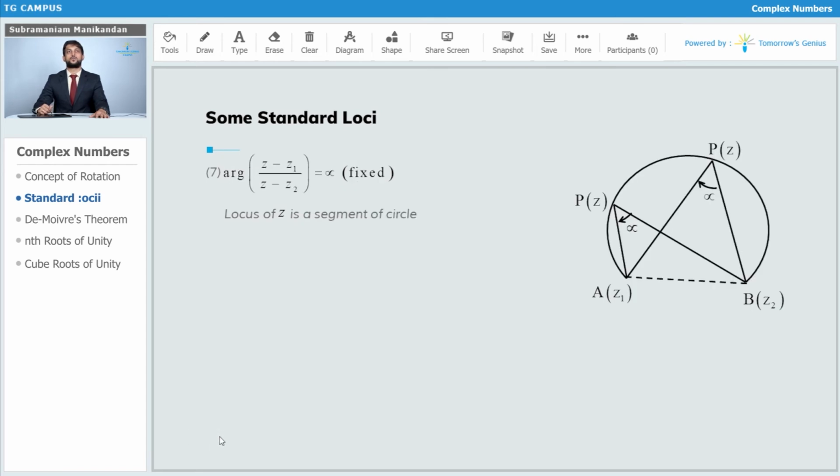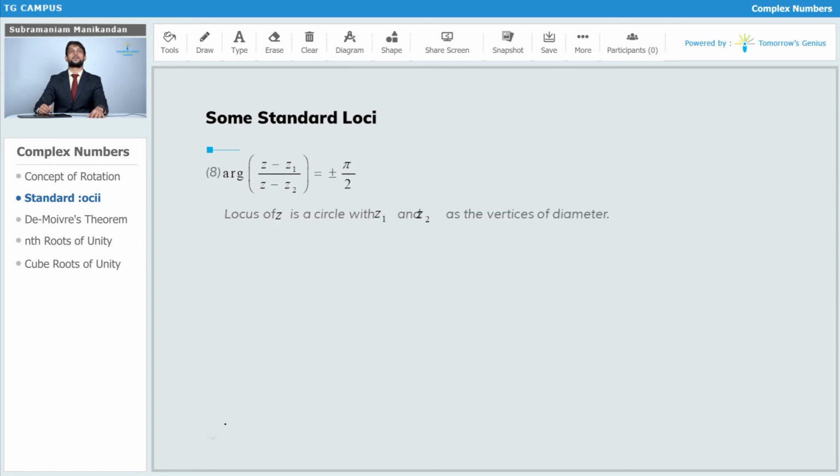And the locus of the segment of a circle, which has z1 and z2 as two endpoints, is given by argument of z minus z1 by z minus z2 is equal to alpha, where alpha is the angle subtended by any point z through the arc AB, where A is the point z1 and B is the point z2.